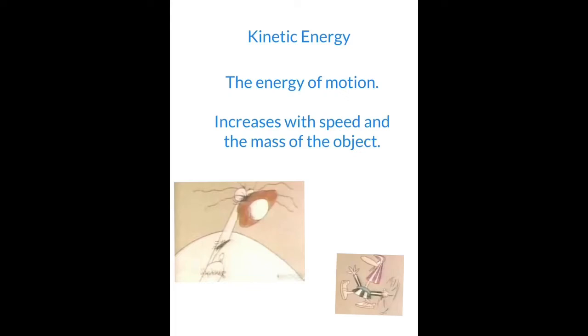Now, the bigger the rock he threw, the more damage it was going to do to the giant because it would have had a larger mass, and as long as the speed was the same, it would have hurt him more. But the main idea here is that kinetic energy, if anything is moving, it still has kinetic energy. It also technically still has potential energy too, but the definition of kinetic energy is just the motion part of it. It's the energy of motion.